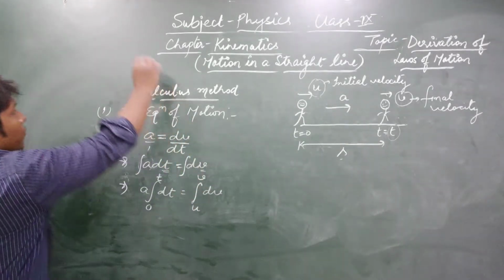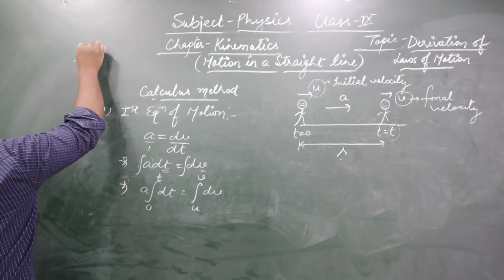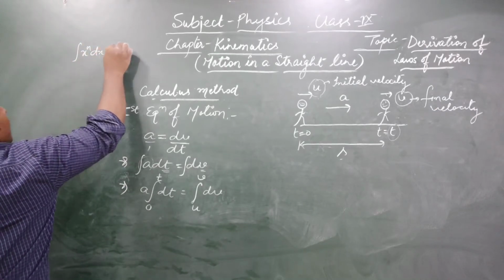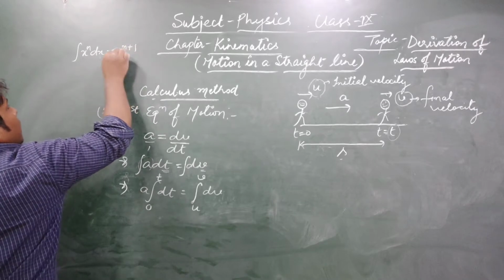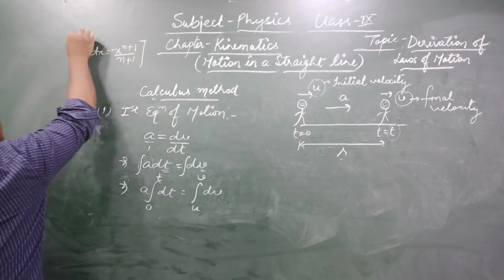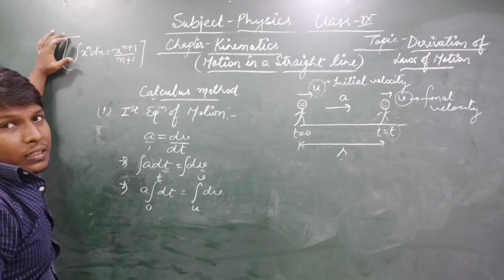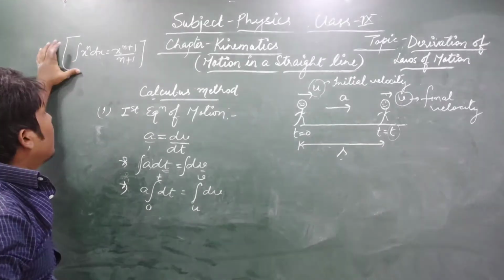Okay, and we know the integration formula: integral x raised to the power n dx has the formula x raised to the power n plus 1 over n plus 1. Okay, and a constant comes, so you don't need any constant here. So this is a simple integration.